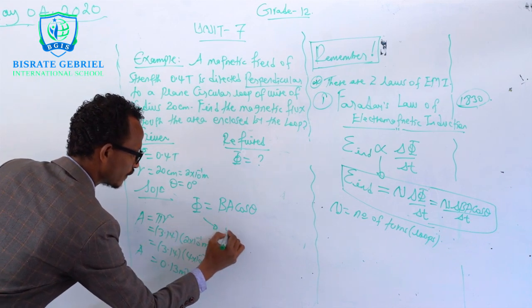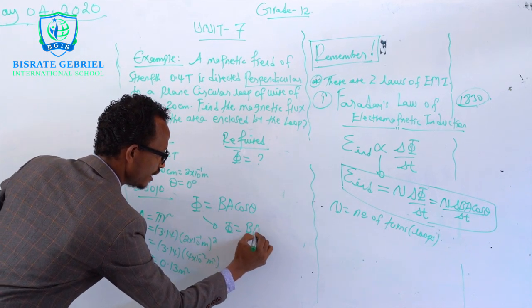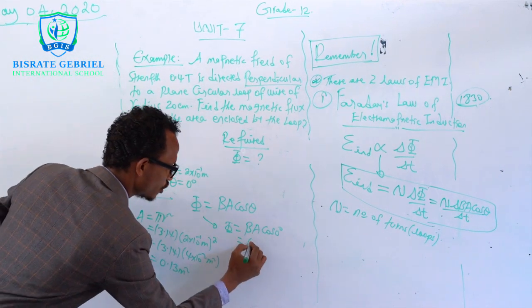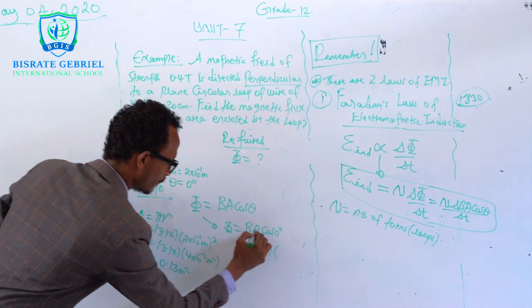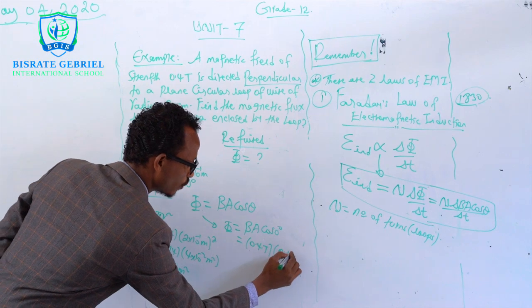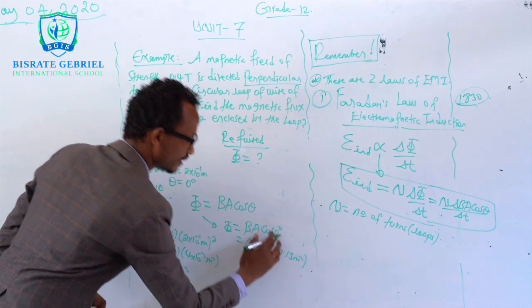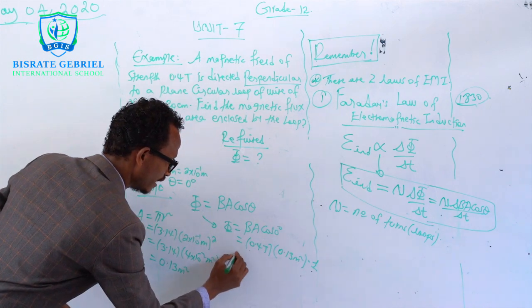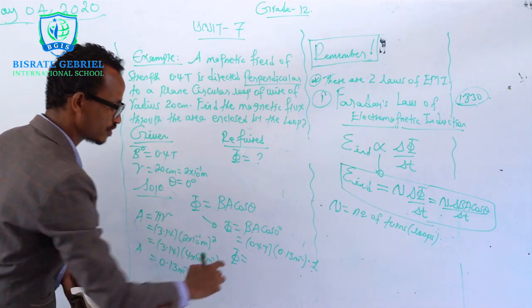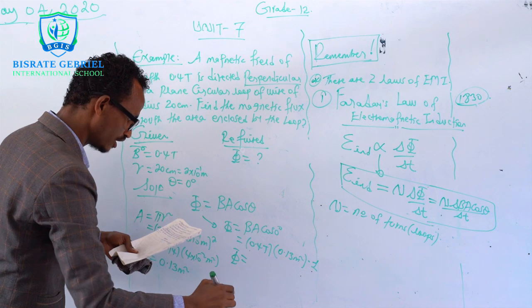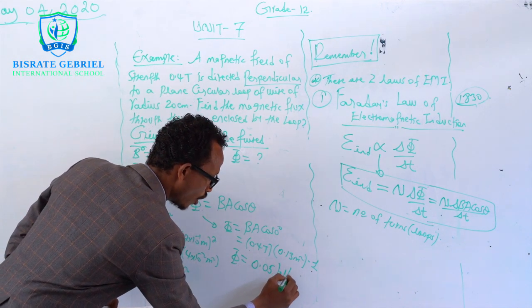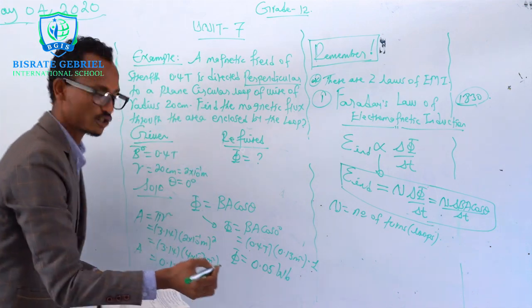So the magnetic flux is BA cos 0 degree, which is 0.4 Tesla times 0.13 meter squared times cos 0 degree, which is 1. Finally, the magnetic flux is 0.4 times 0.13, around 0.05 Weber or Tesla meter squared.